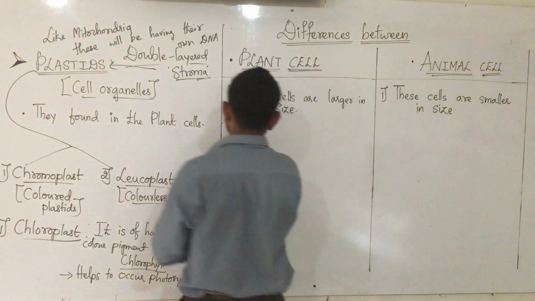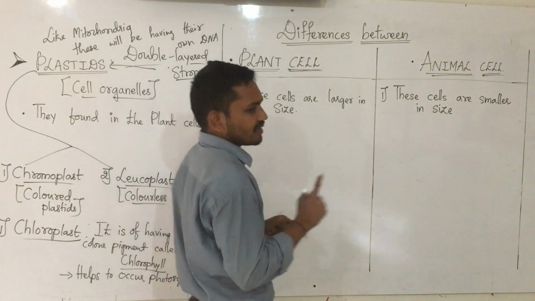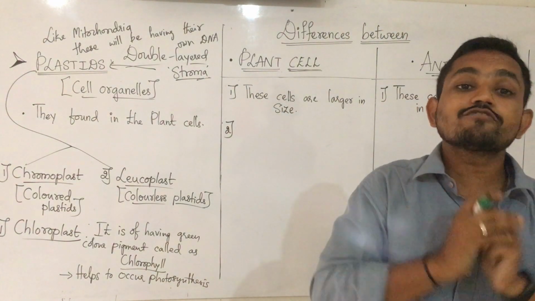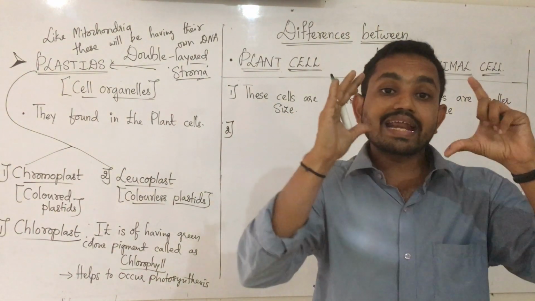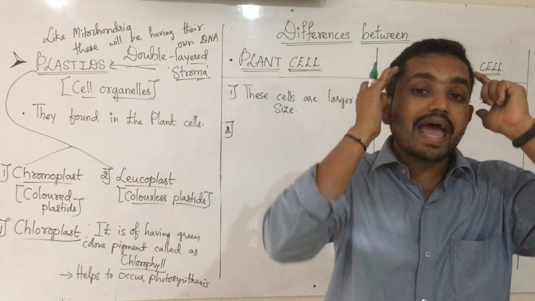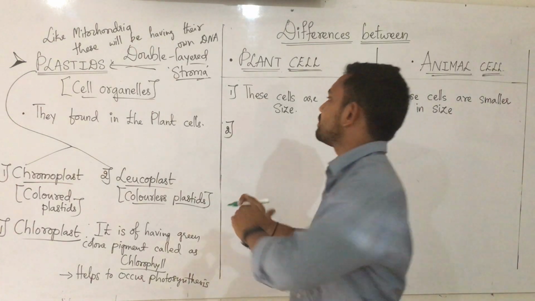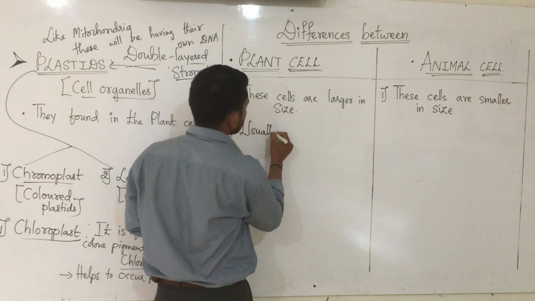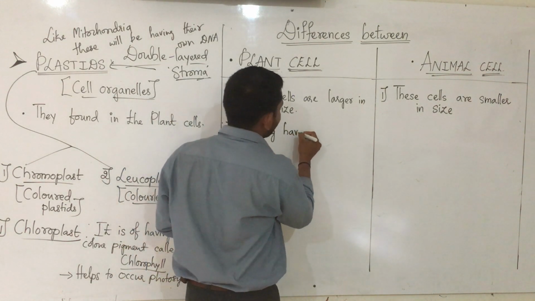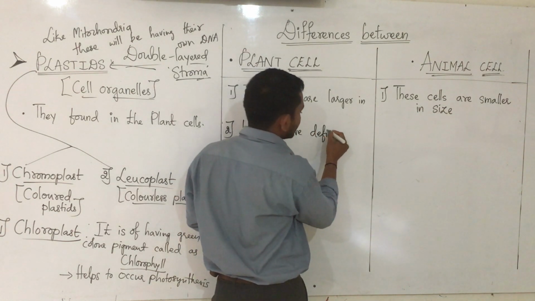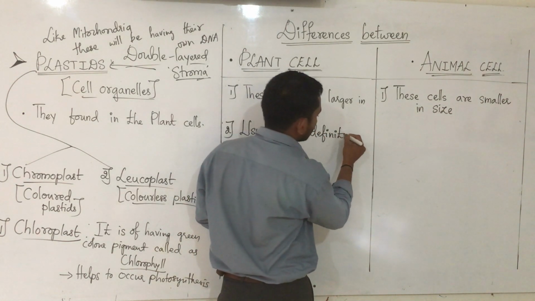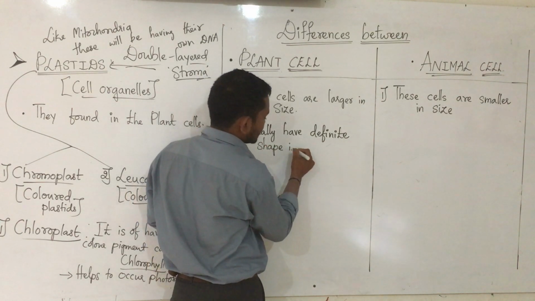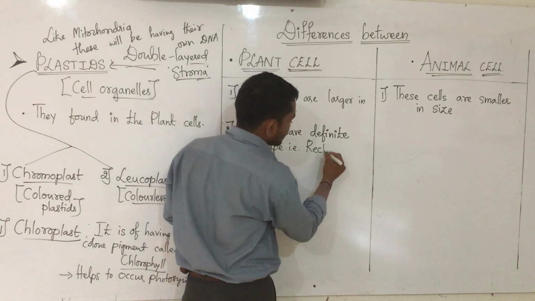Next one, see here. You see the structure particularly in the textbook. Usually most plant cells have a rectangular shape, that is, plant cells usually have a definite shape, so that is rectangular.